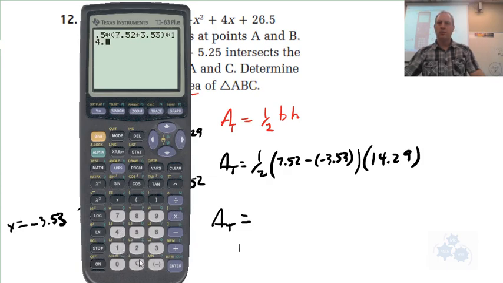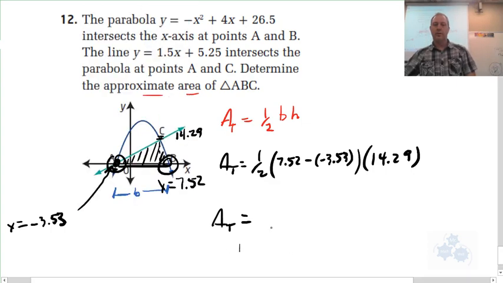Times 14.29, and hopefully this should give us the answer there for that one. Well, yeah, 78.9 or 79 square units. That's great. Okay, so 79 units squared.